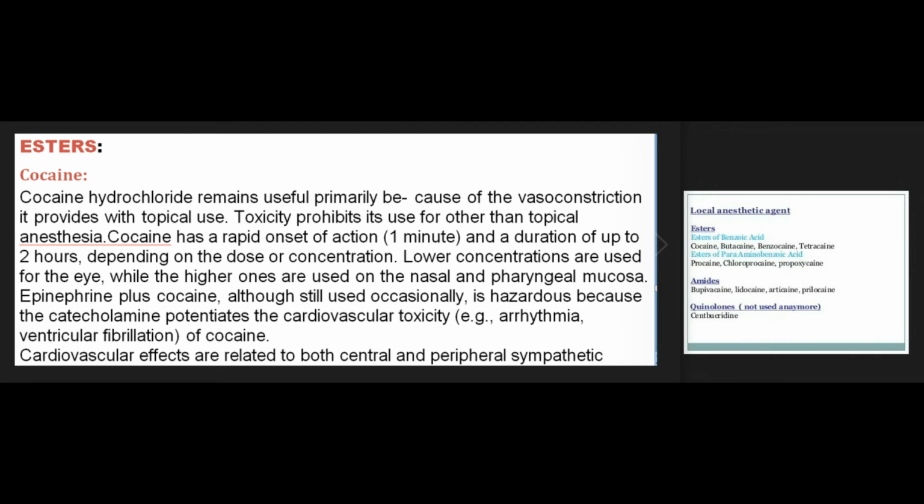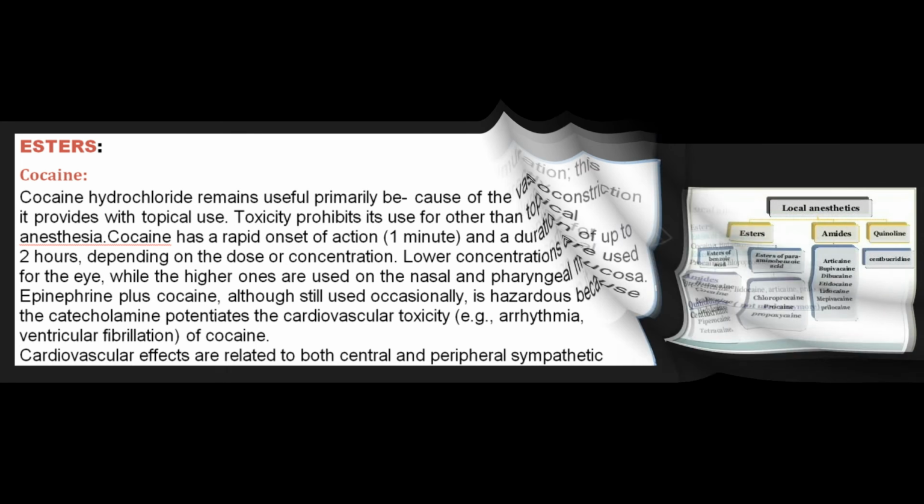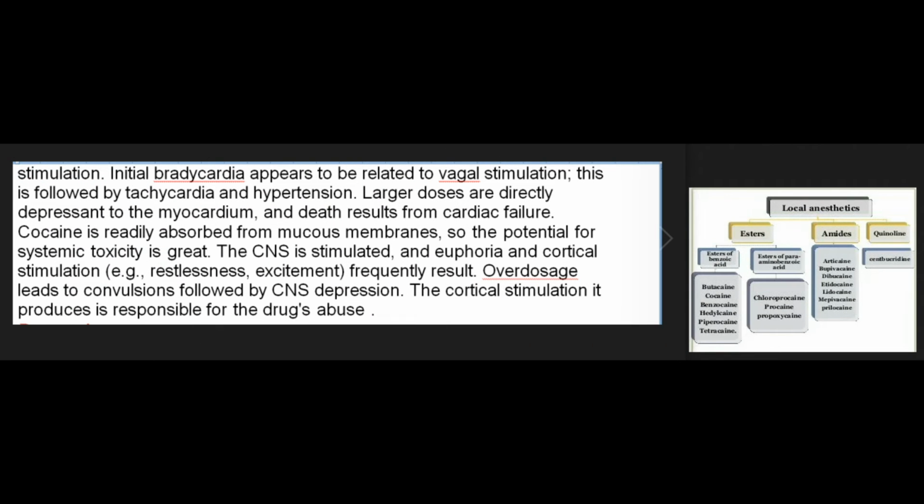Cardiovascular effects are related to both central and peripheral sympathetic stimulation. Initial bradycardia appears to be related to vagal stimulation; this is followed by tachycardia and hypertension. Larger doses are directly depressant to the myocardium, and death results from cardiac failure.